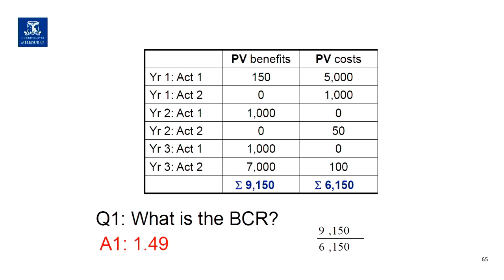To remember, we just need to divide the benefits by the cost, and then we are going to have a ratio here. So remember that if it's above 1, that means that the option is viable. So here we have a viable option.